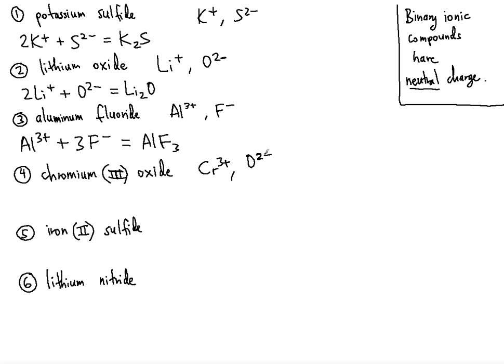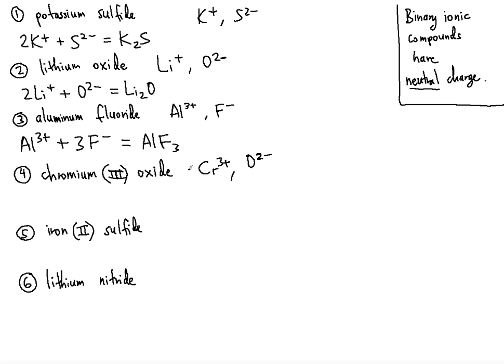So now you might say, how do we know how much we need? Well, the smallest that you can go will be the least common multiple of 3 and 2. That's how you would think of it. The least common multiple is 6. So you need to have a coefficient in such a way here that when multiplied to 3 will give you 6, and the same thing here when multiplied to 2. So 3 must be multiplied to 2 to give us 6, and 2 must be multiplied to 3 to give us 6.